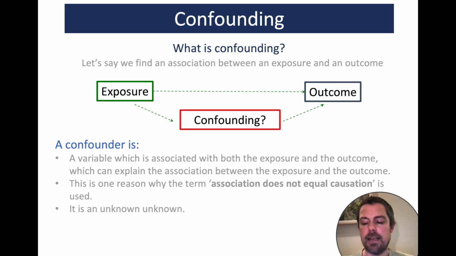The reason why we use randomized control trials is that when we randomly assign patients into two groups, and let's say that randomization was effective and wasn't biased, the confounding variables are also randomly assigned in equal amounts to the two groups.